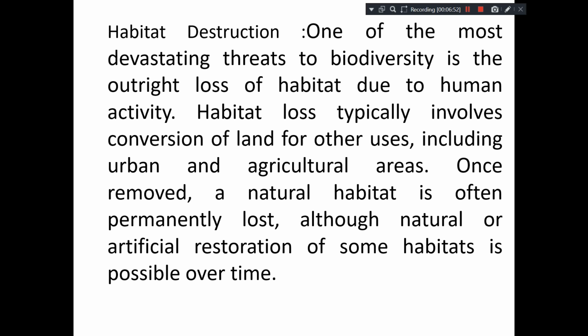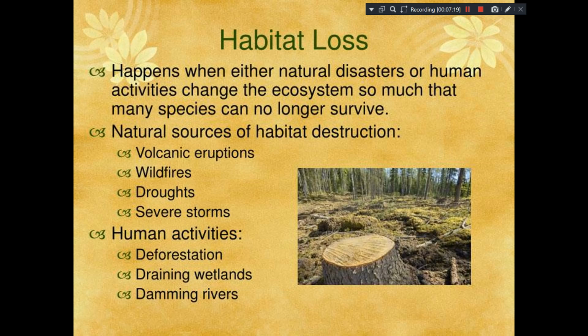Once you remove the natural area, it is often a permanent loss. Even if you do some artificial restoration, it will take many years to restore it to the original condition. So that's why these are very important things.